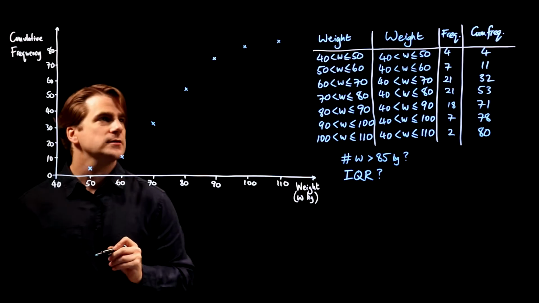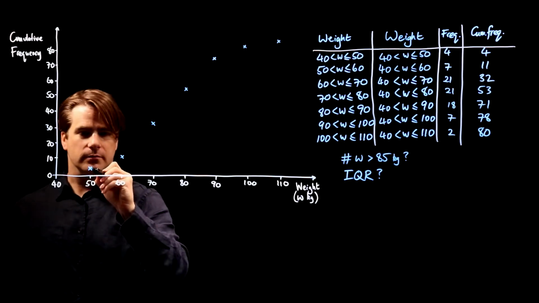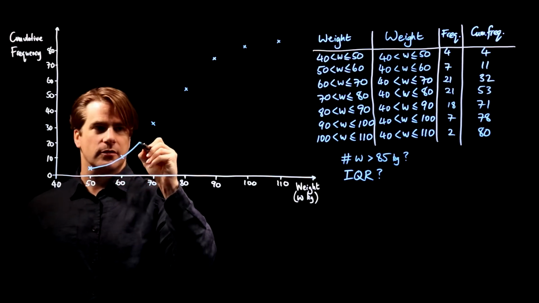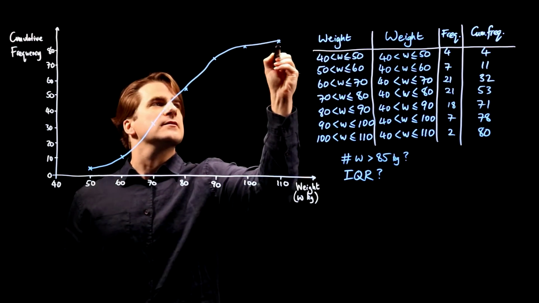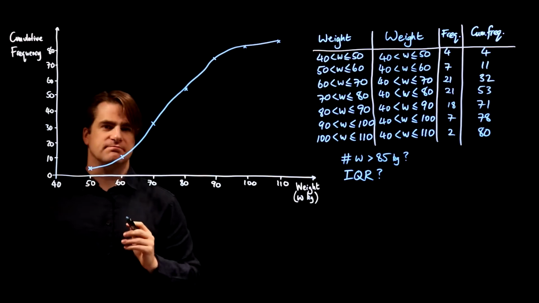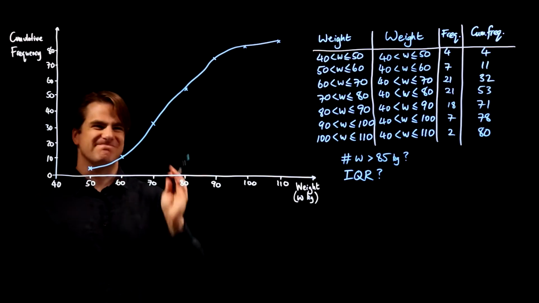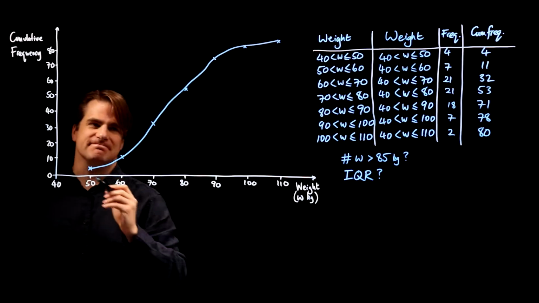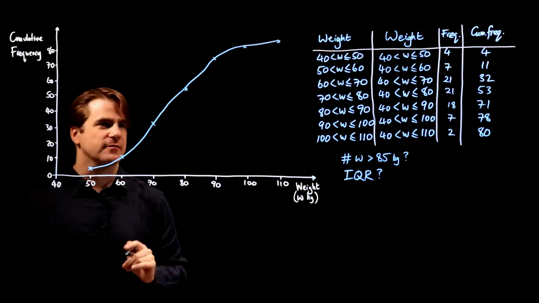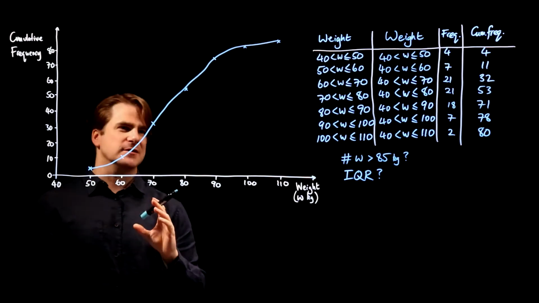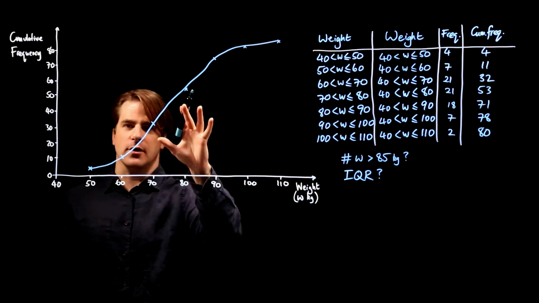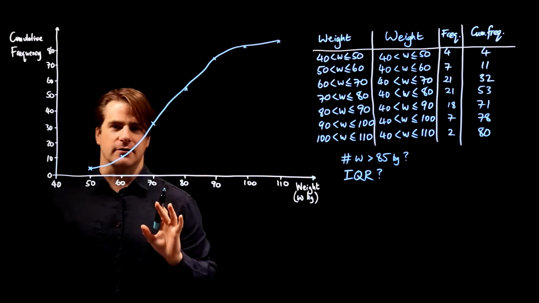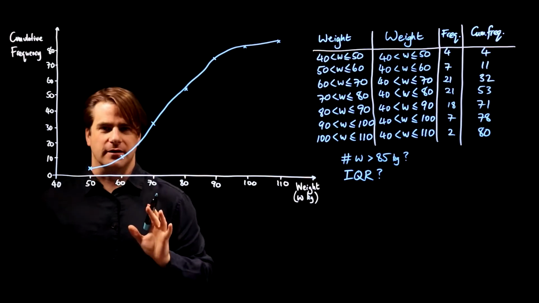Okay. And you join them up in a smooth curve as best you can manage. Okay, that was pretty rubbish, but it's good enough. Should have really gone through that point, but I've done this by hand. I'm not sure that point was plotted brilliantly accurately. I hope you get the idea anyway.